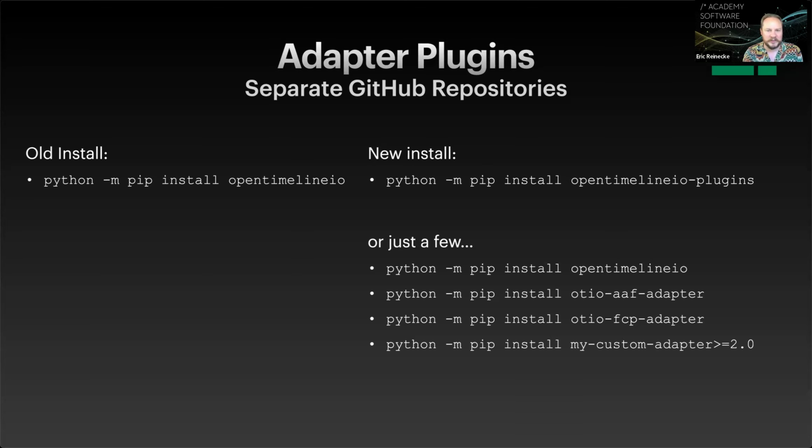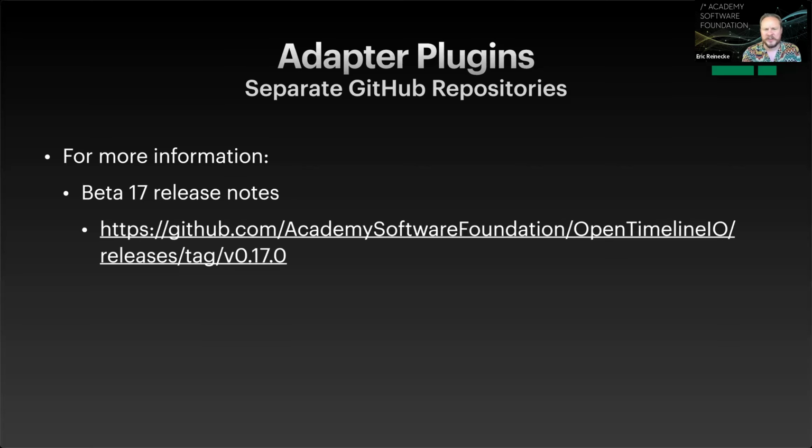However, over the years, we found that users want to pick and choose adapter versions independently or even use internal forks with custom modifications. The new setup allows the option to install the public version of OpenTimelineIO and selectively choose the adapter plugins you want from PyPI or your internal sources. You can find more details about these changes in the Beta 17 release notes.